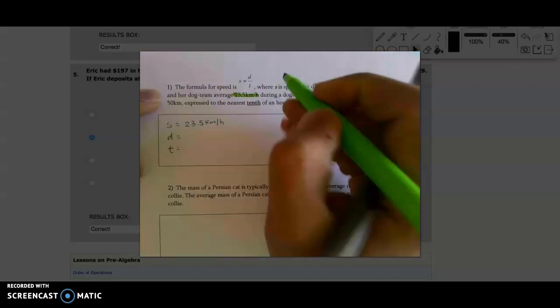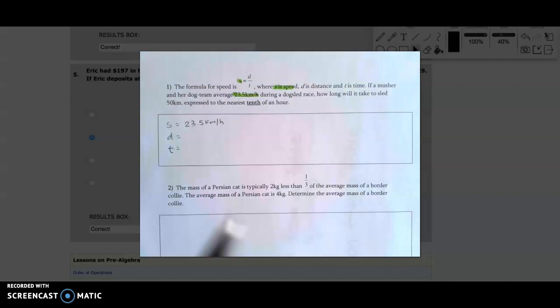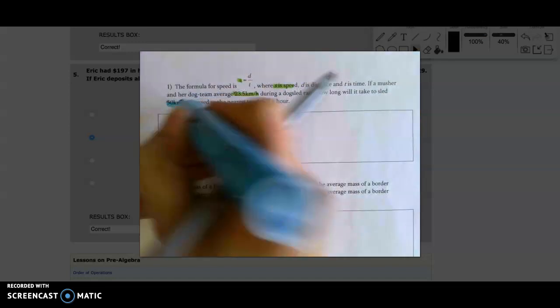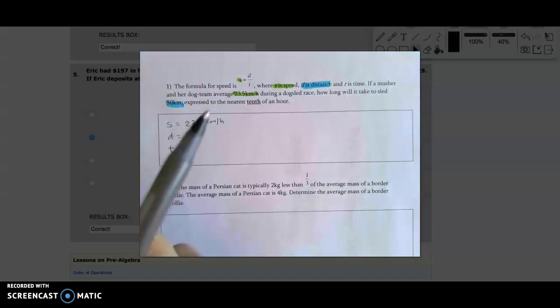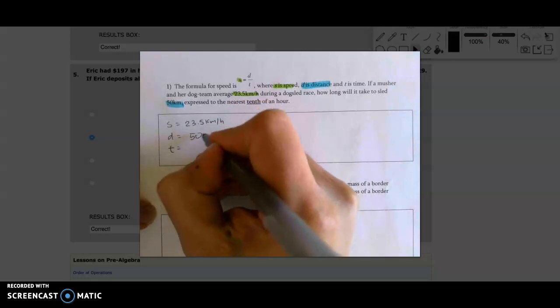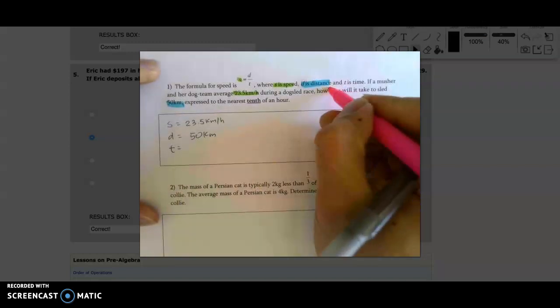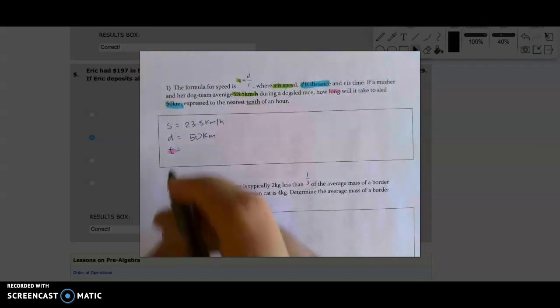So 50 kilometers, what is that? Well, 50 kilometers is actually my distance, isn't it? My distance is 50 kilometers. So 50 kilometers over here, and then we are looking at how long it is. So we don't know what our time is, right? This is what we're looking for in the question.